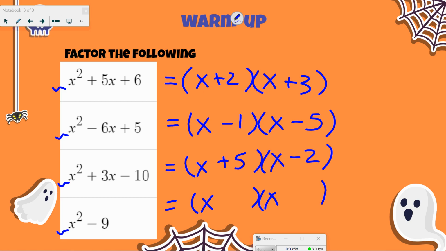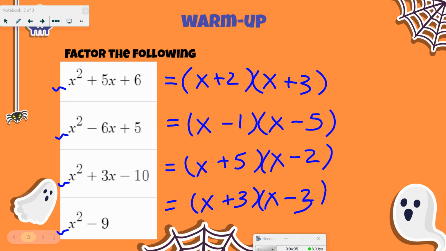So think about what multiplies to give us negative 9 and adds to 0. Do you want to help them out, Yoda? Good job. So this is our difference of squares factoring, meaning difference means what operation? Subtraction, and both of these values are perfect squares. So when we have that, your factoring form is going to look like the square root of your first term, and then plus and minus in each of the factors, and then the square root of the second.